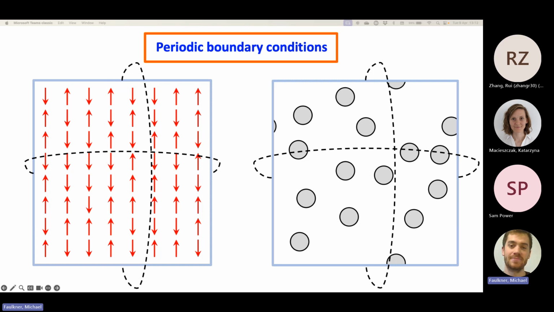But what we want to do is to simulate the physics of small windows inside the bulk of a very large system, and then progressively increase the size of the system to develop or support scaling arguments to the large n limit, because this large n limit reflects the macroscopic physics of these macroscopic systems that we're interested in. So we typically apply these periodic boundaries to get rid of the boundary effects so that we can better capture the macroscopic physics that we're interested in.